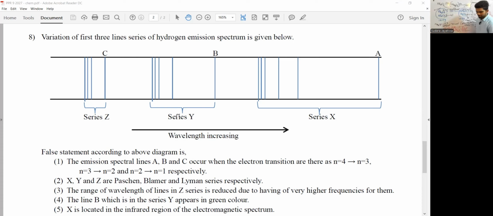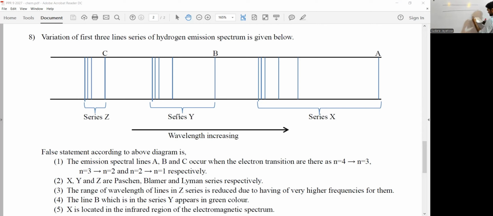Normally we are used to drawing the emission spectrum in terms of frequency or energy. But now it is giving you the question in wavelength. So when you increase the wavelength, what will happen to the energy? Energy should decrease, no?